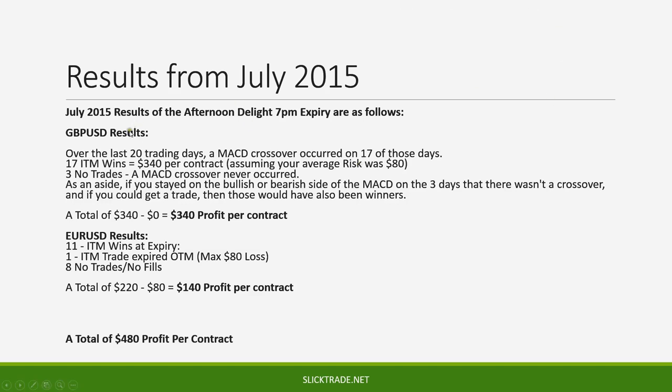Now, these results back from July 2015 were over a 20 trading day period. The MACD crossover occurred on 17 of those days. 17 in the money wins for $340 per contract if your risk was 80.